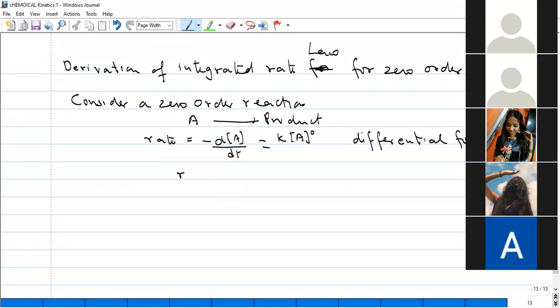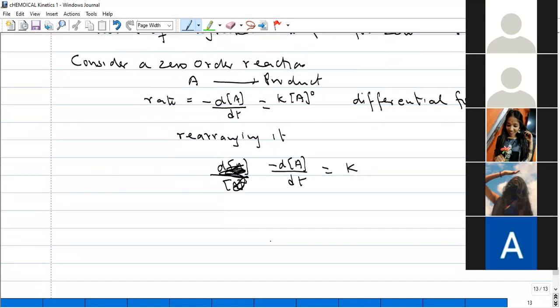Rearranging it, minus dA upon dt is equal to k, because A raised to 0 is 1.